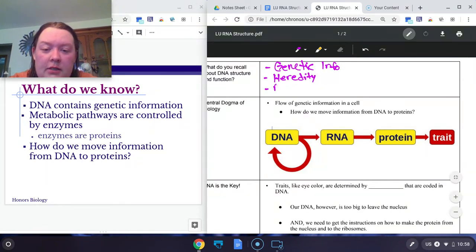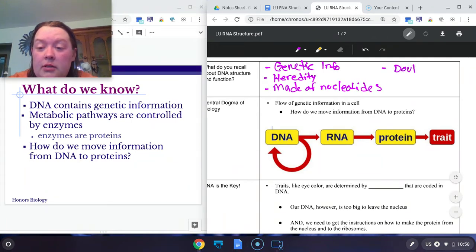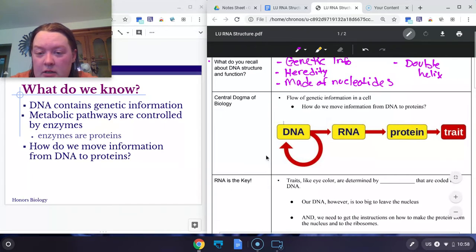We know that DNA is made of nucleotides. And we know that DNA is a double helix. So those are some things that we know about DNA itself.